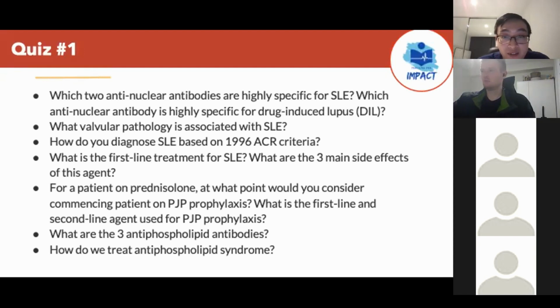And how do we treat antiphospholipid syndrome? Well, I should rephrase that. What do we use for secondary thrombosis prevention in antiphospholipid syndrome? And the thing to remember is warfarin, never a NOAC.